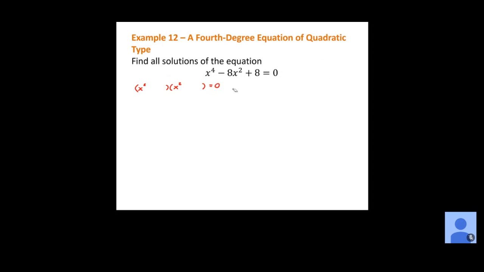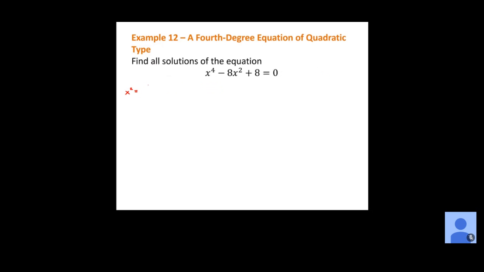Okay, so I'm actually going to do my quadratic formula on this, even though it's an x to the 4th to begin with. Okay, so we're going to say x squared equals, because once I do my quadratic formula, this is only going to give me the x squared values.